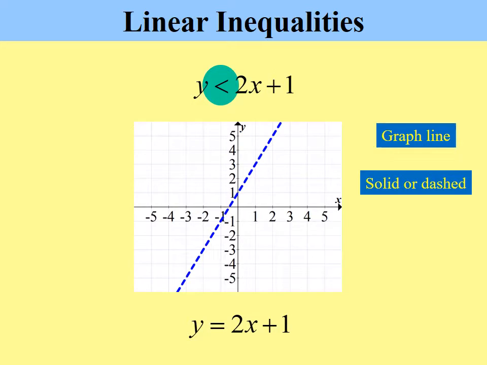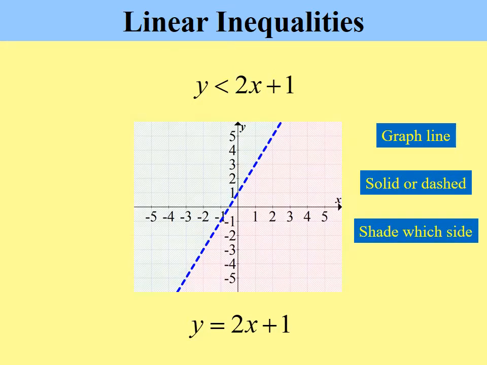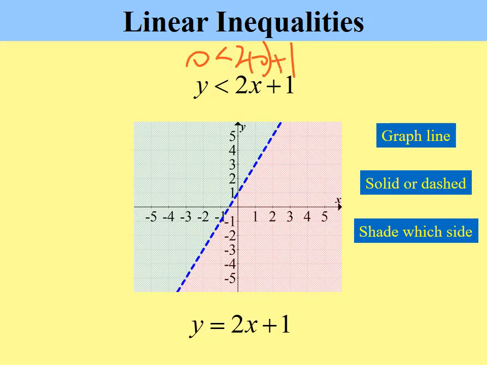If we pick out a point that is obviously on the top or the bottom, like again the point 0, 0, the point 0, 0 would give us 0 is less than 1, which is true. So we need to shade on this one the bottom of the line.